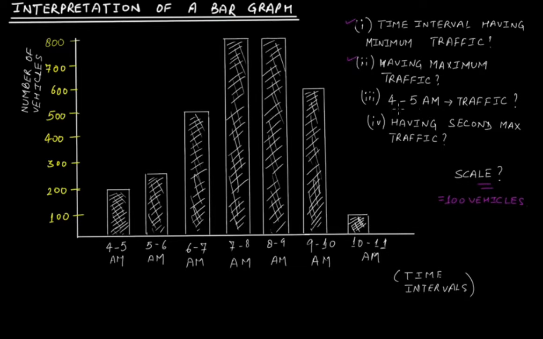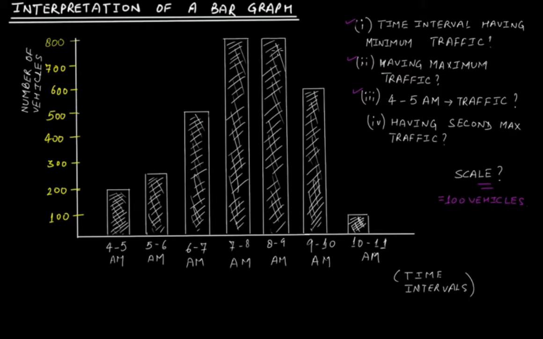Then what is the traffic between 4 to 5 am? The 4 to 5 am time interval is this one, and you can clearly see that the traffic at this time interval is 200, right? It's 200. Next, having second maximum traffic. These two bars are representing the maximum traffic.